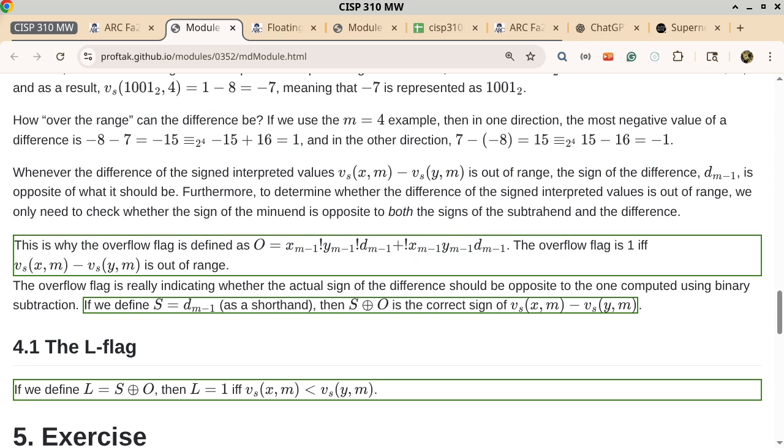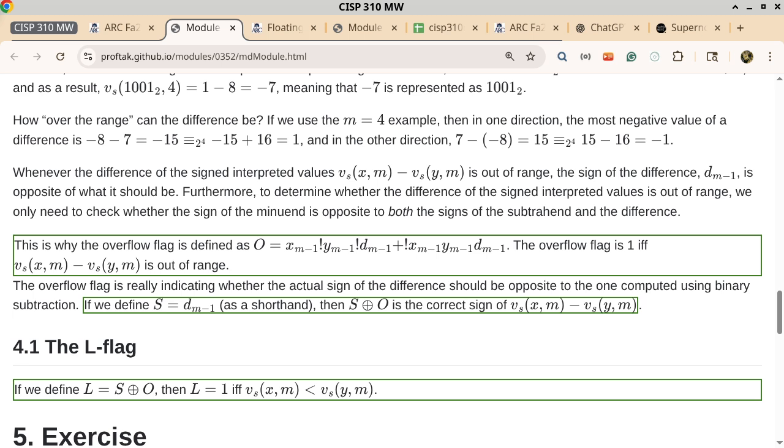Look at this, this is how we define the overflow. And also look at this one here. This is the L flag. It is the sign flag of the difference, exclusive OR with the overflow flag. And that's it. That's the essence of this particular reading module.